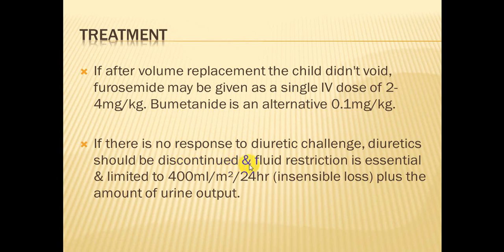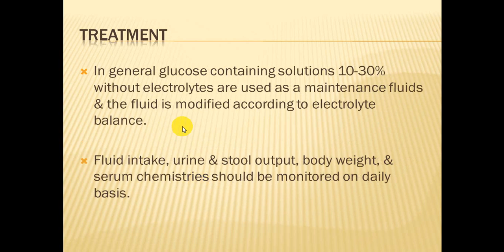We will go to the fluid restriction, and we give about 400 ml per meter square per 24 hours. This is the insensible water loss plus the amount of urine output. So we go from fluid replacement, and if not void after fluid replacement and diuretic challenge, we go to the restriction of the fluid.